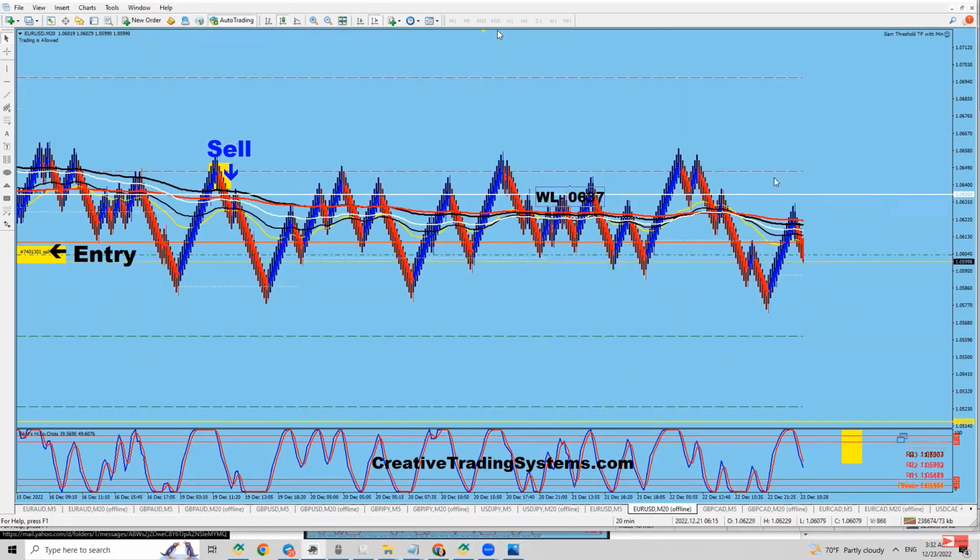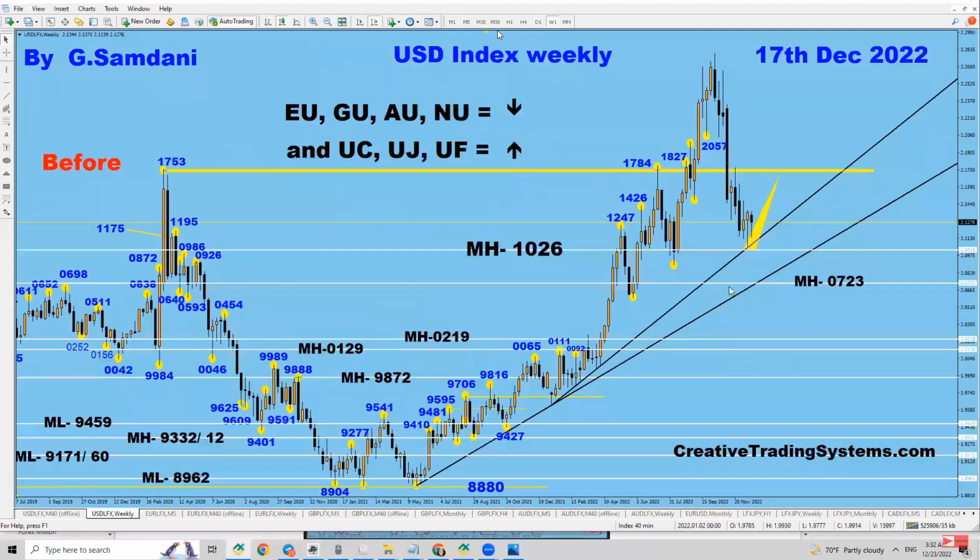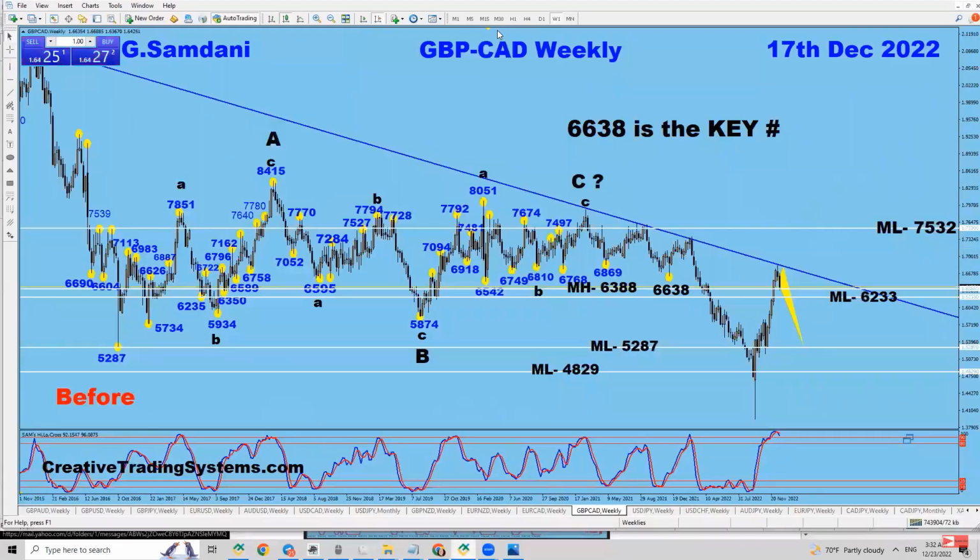This number is a very big number. This is 0637, and on my weekly chart, it says that... sorry, I'm looking at the wrong chart, that's the index. It's 0605 on the Euro USD weekly chart.